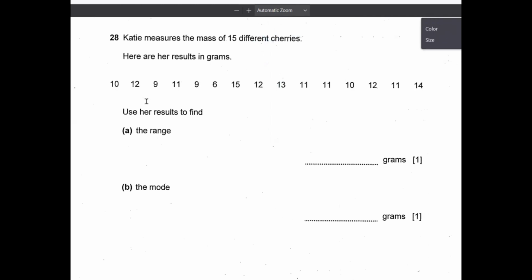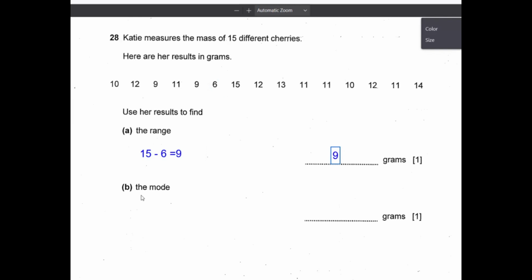If you look here, you need to find the highest score. 10 is the highest, then 12, then 15. 15 is the highest, so it is 15. Minus the lowest: 10, then 9, then 6. 6 is the lowest. 15 minus 6 is equal to 9. So the range is 9 grams.